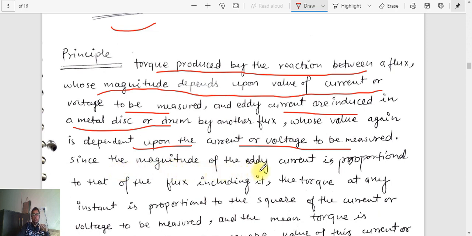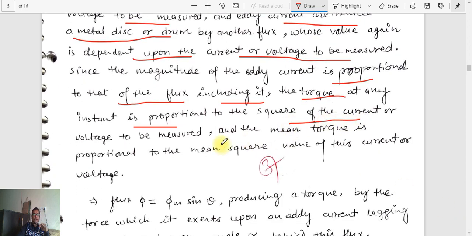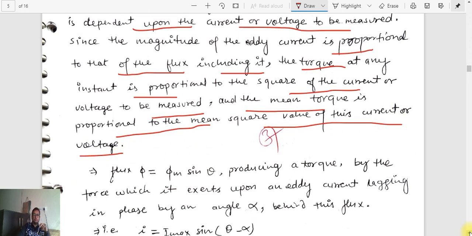Since the magnitude of the eddy current is proportional to the flux inducing it, the torque at any instant is proportional to the square of the current or voltage to be measured, and the mean torque is proportional to the mean square value of this current or voltage.